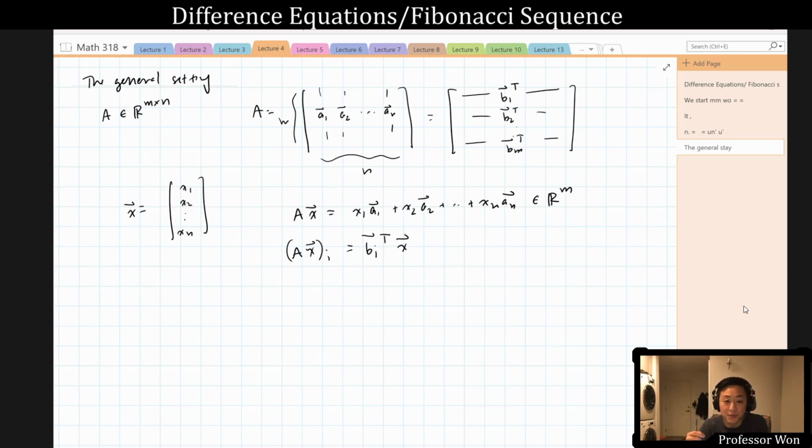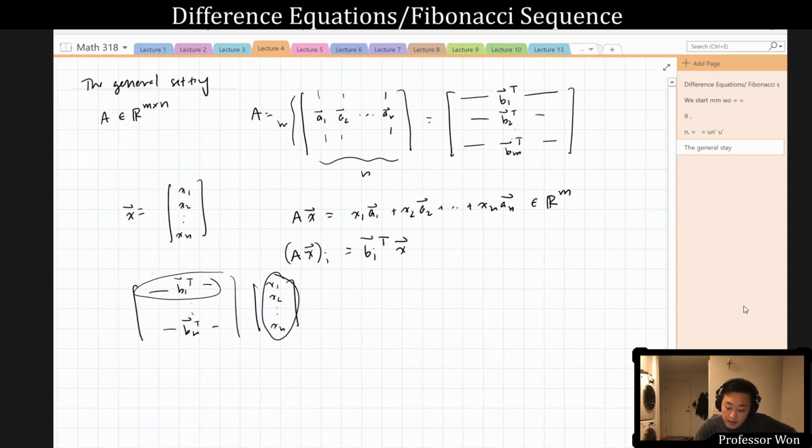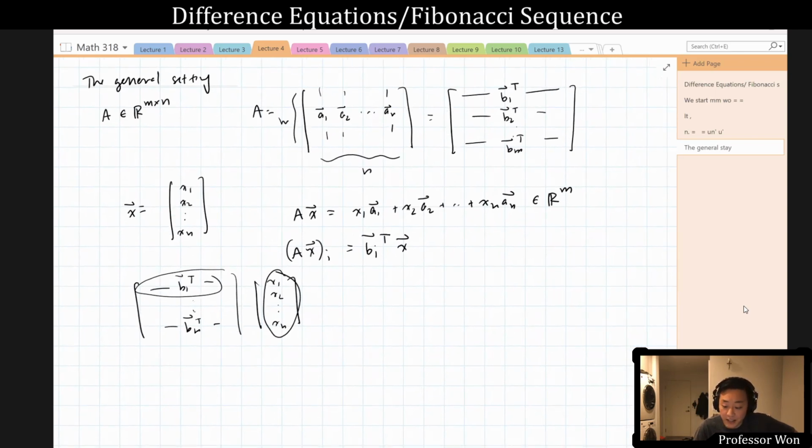If I asked you what happens at the top of the vector Ax, I'm going to write A like this, with rows up through bm transpose times x. Exactly what you would do is take this first row and dot it with this vector. In other words, it's like you would multiply this matrix by this vector.